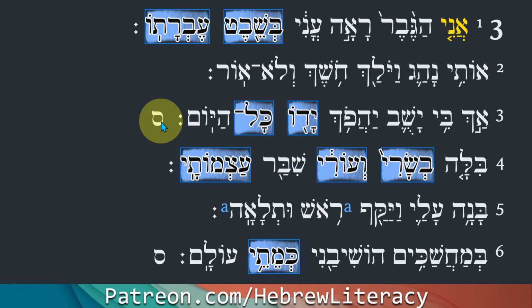Now we have a setum. We finish with that triplet of aleph. Moving on to beit. Lamentations chapter 3, verse 4. Bilah v'sari v'ori shibar l'atzmotai. Bilah.